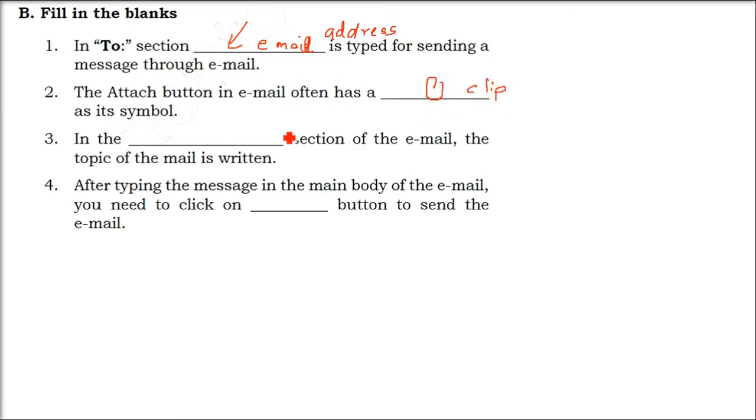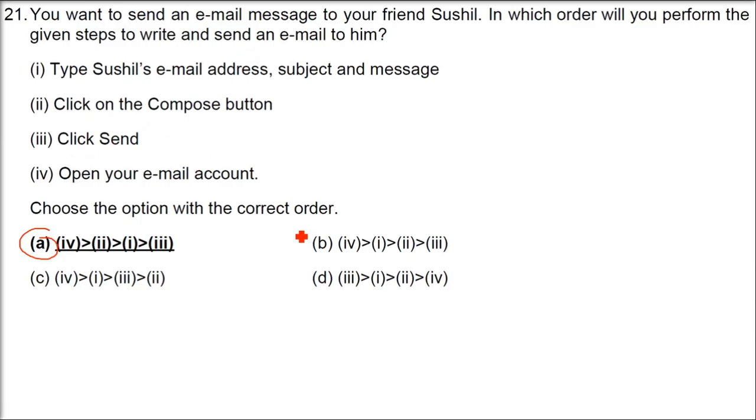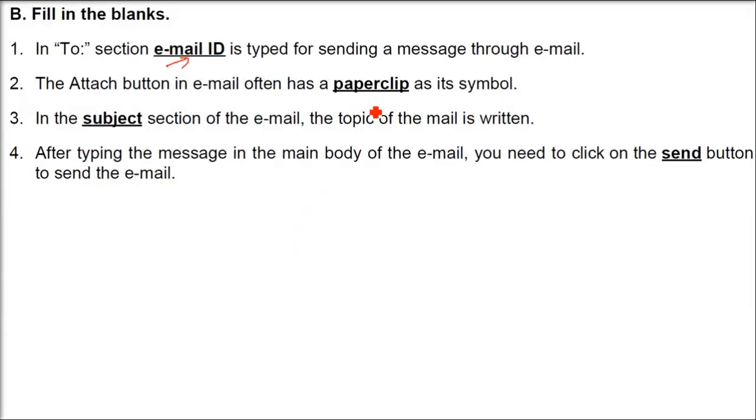So paperclip. This is called a clip or paperclip. In the dash section of the email, the topic of the mail is written. This is the subject section. After typing the message in the main body of an email, you need to click on the dash button to send the email. Send button is there. So if you see here, email ID, paperclip, subject and send is the correct answer.